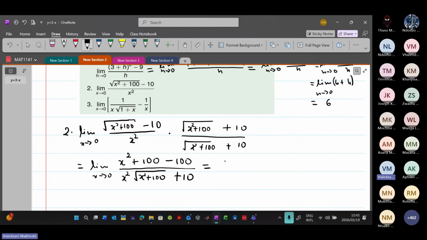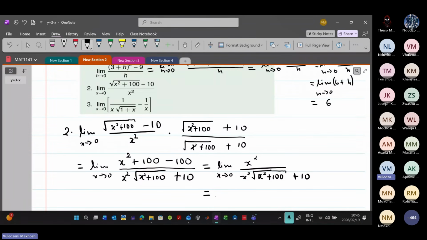This is giving us the limit as x is approaching 0 of x squared over x squared times the square root of x squared plus 100 plus 10. x squared and x squared gone.